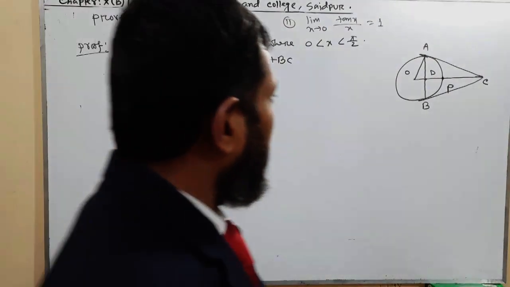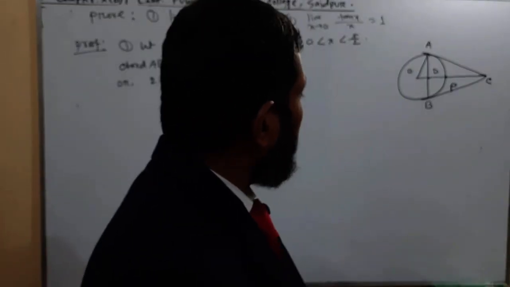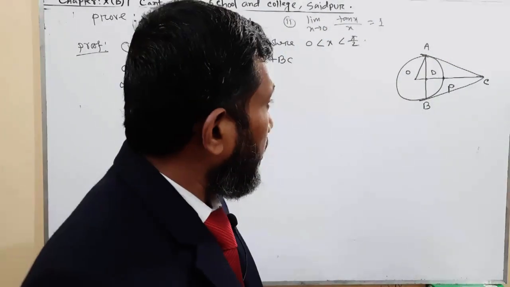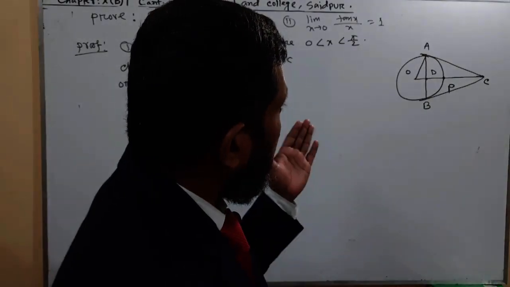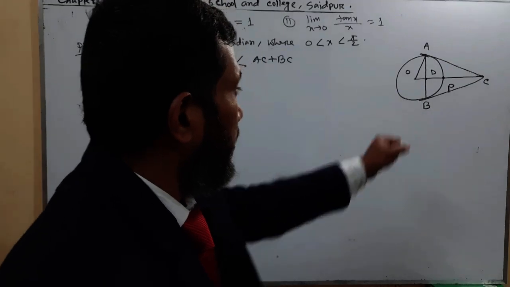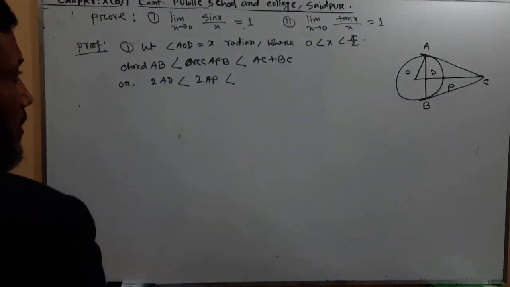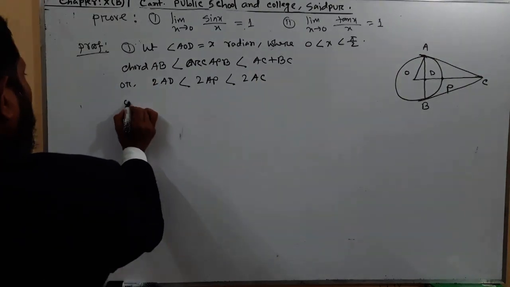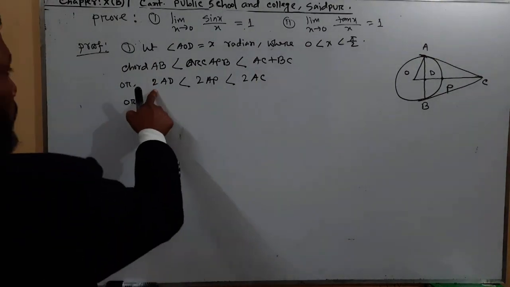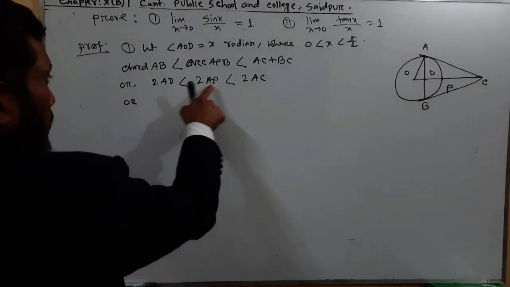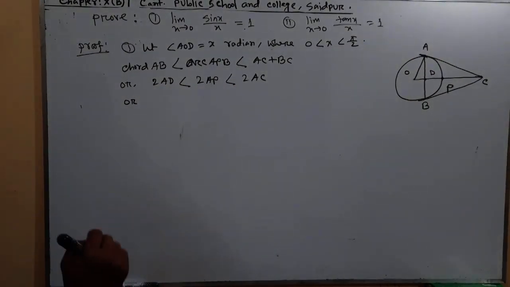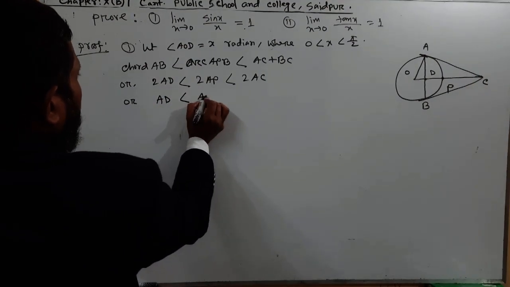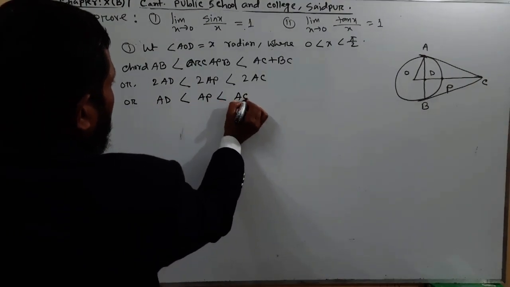We know the tangents drawn from an external point are equal in length, so AC and BC are equal, and we can write 2 AC. We can cut these 2, then we get AD less than AP less than AC.